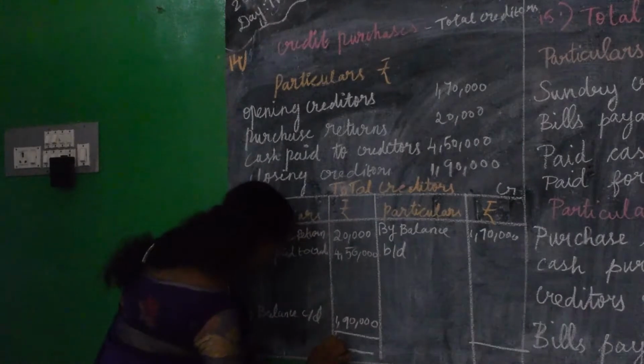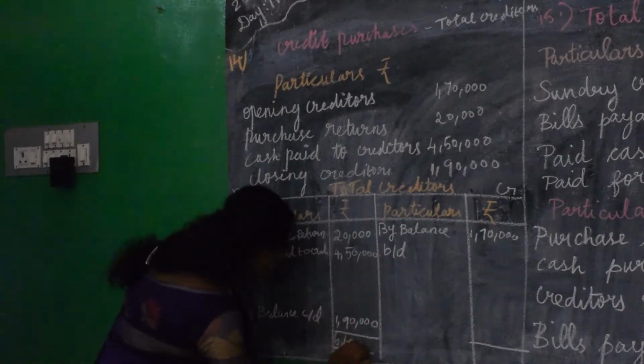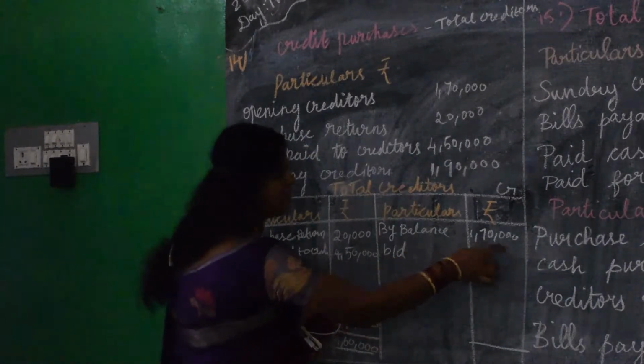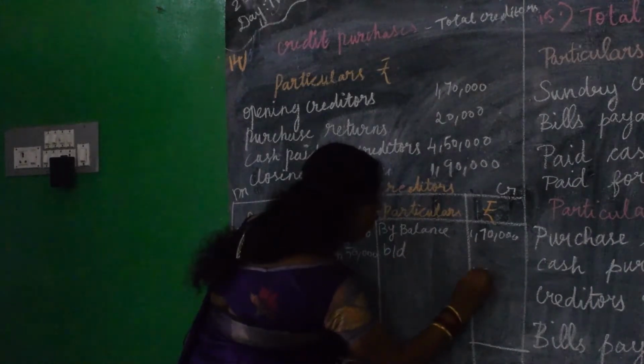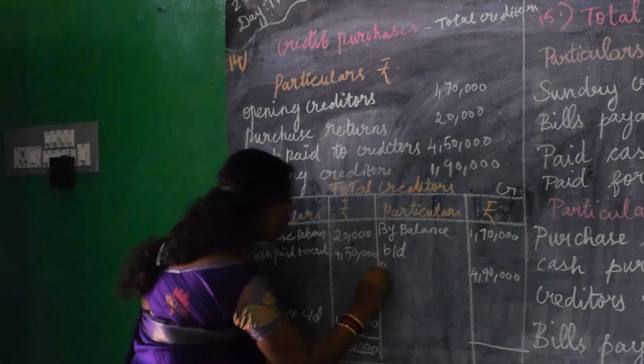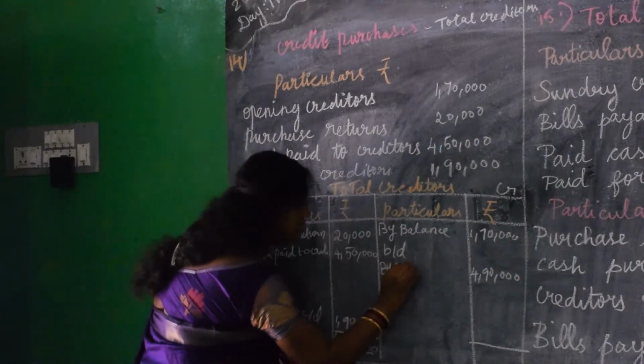If you add this side, you will get 6,60,000. This 6,60,000 minus 1,70,000 gives 4,90,000. That is credit purchases.